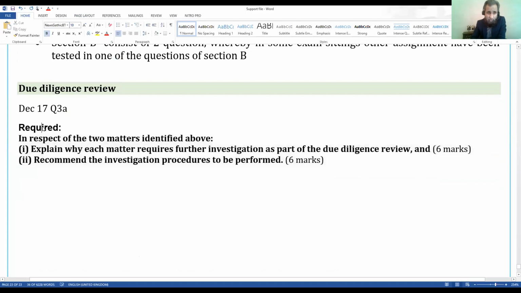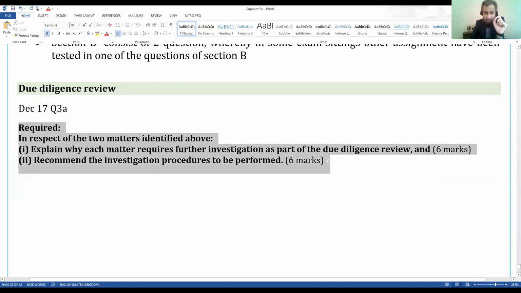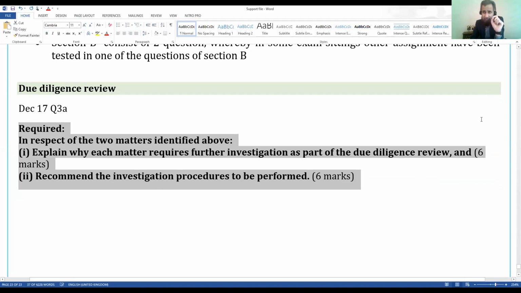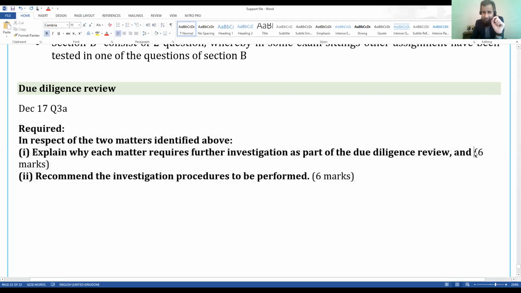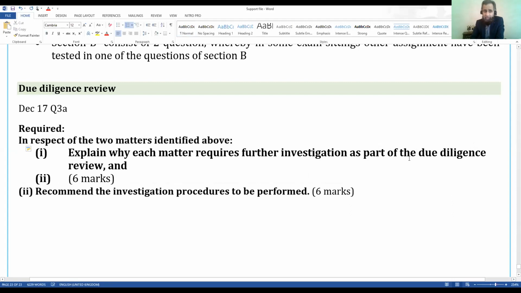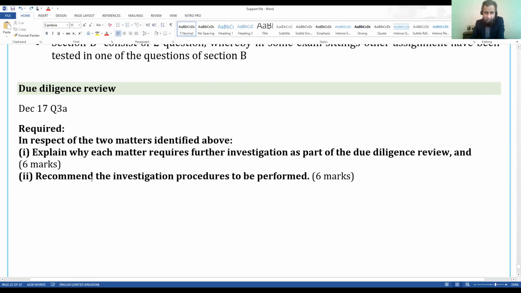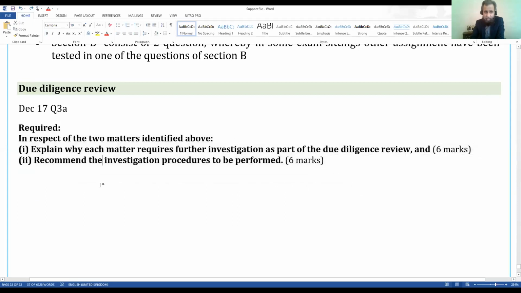Now, pretty simple question if you look at it, if you know the terminologies in the AAA paper. I hope you must have realized from my previous 4 days how important it is to read the requirements, right? How important it is to read the requirements. So let's read the requirements and understand what this requirement is telling us.